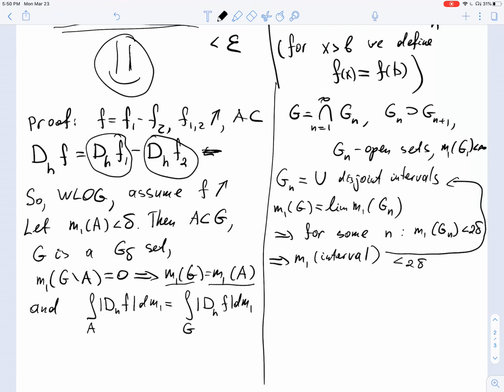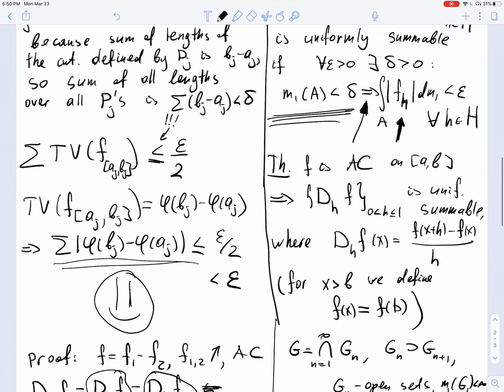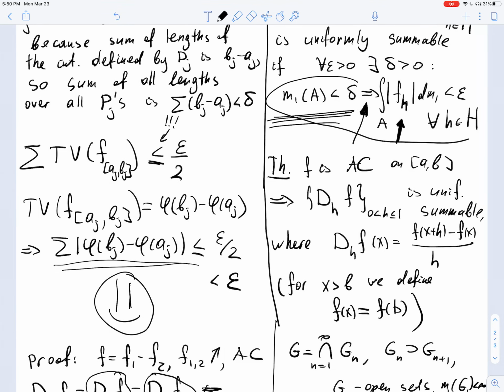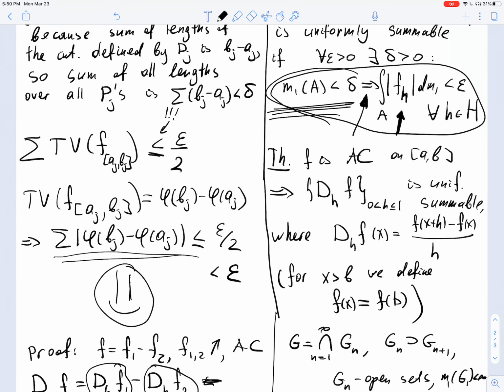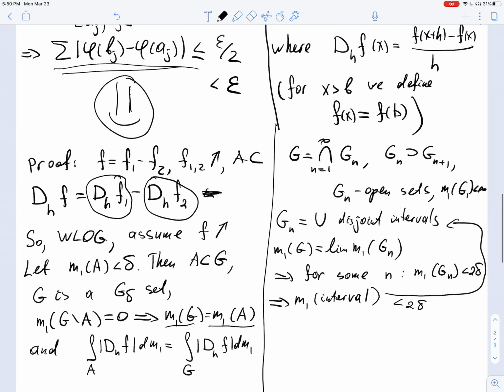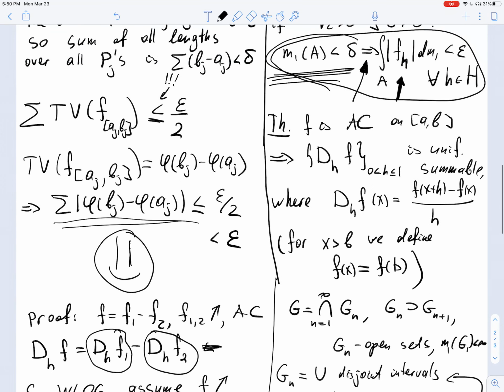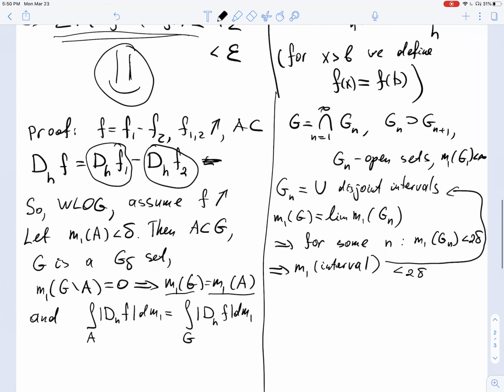My point is that if we prove this for any interval with measure less than delta, then by countable additivity of the measure and of the integral, we'll have the same thing for Gn, and then for G, because both measure and integral are continuous from below, and as soon as we have everything for G, we'll have it for A, because everything for G and A is the same.